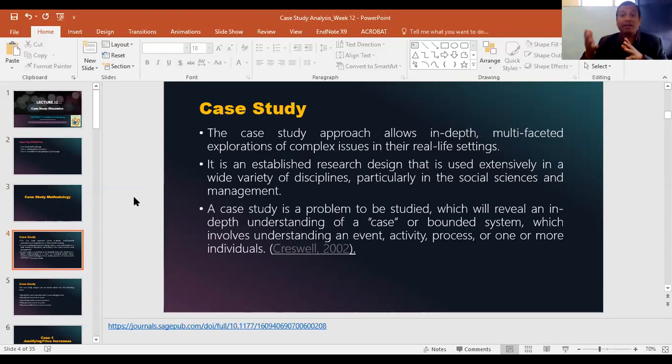You have the real problem, real issues, and then you're trying to have an in-depth analysis, understanding each and every element and aspect of the concept around those issues, and trying to unpack them with your own understanding.